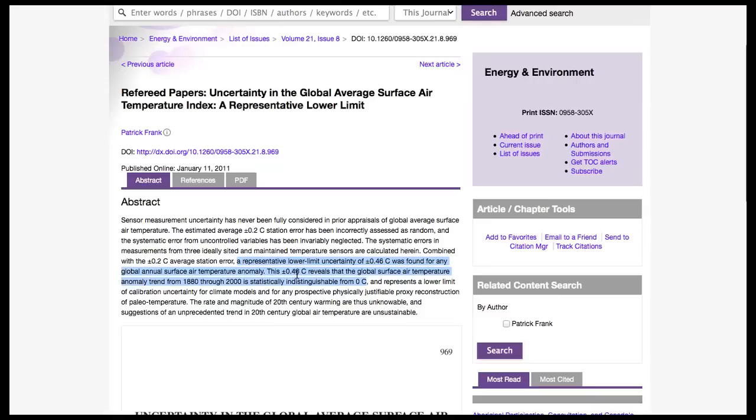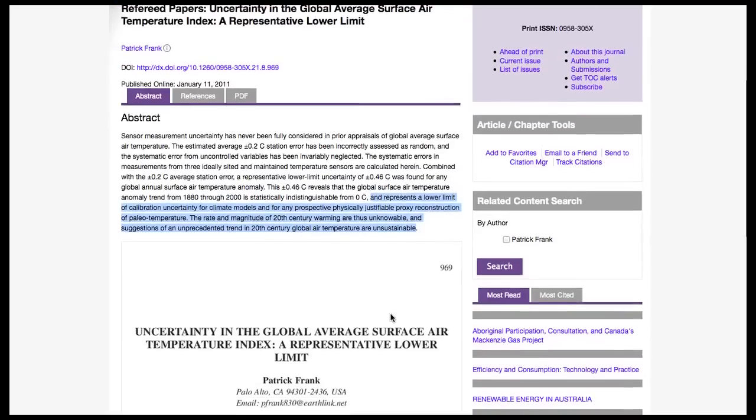This plus or minus 0.46 degrees Celsius reveals that the global surface air temperature anomaly trend from 1880 through 2000 is statistically indistinguishable from 0 degrees Celsius and represents a lower limit of calibration uncertainty for climate models and for any prospective physically justifiable proxy reconstruction of paleo temperature. The rate and magnitude of 20th century warming are thus unknowable, and suggestions of an unprecedented trend in 20th century global air temperature are unsustainable.